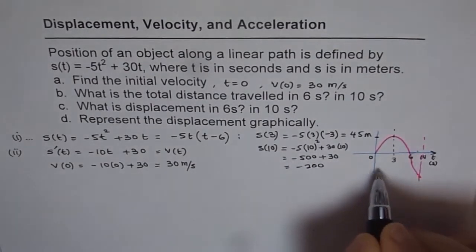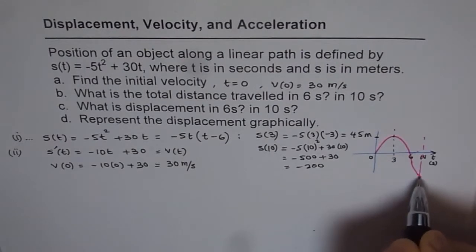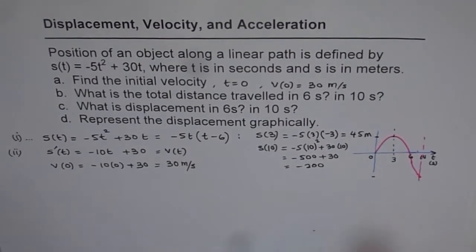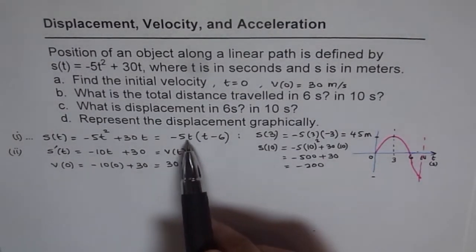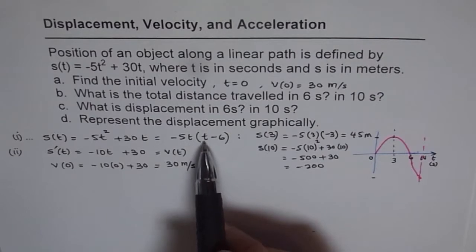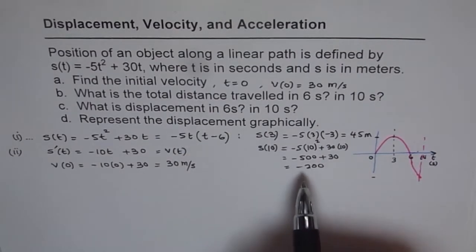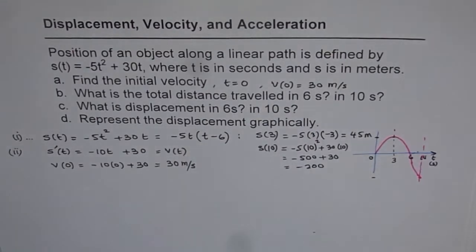So it is indeed negative, and we just made a shortcut here. You could use either of the two equations. If you plug in here, then it is minus 5 times 10 is 50, and 10 minus 6 is 4, 50 times 4 is 200 indeed, and you get a negative sign.